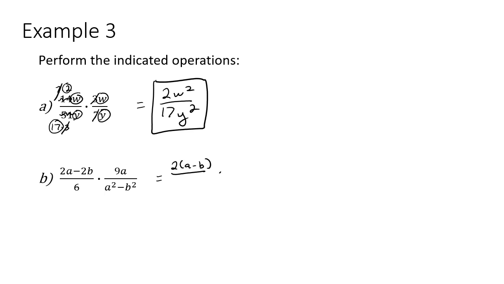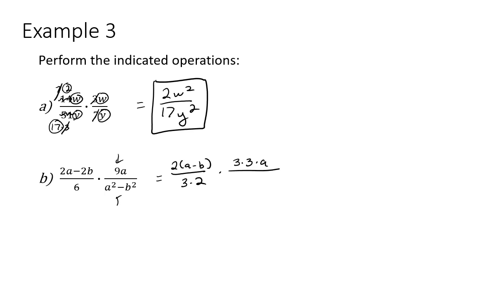So in fact, why don't we go ahead and do that as well? Because 6 and 9 have a factor in common, 3, I'm going to write the 6 as 3 times 2, and I'm going to write the 9 as 3 times 3. And then there will be an extra a there as well.